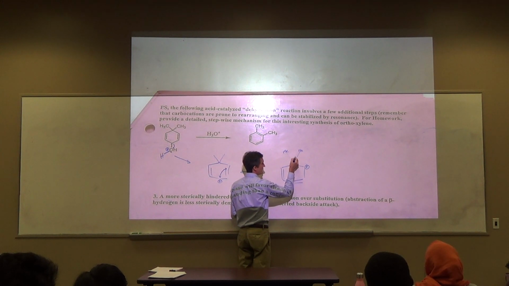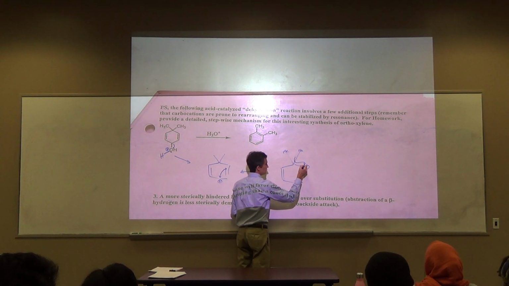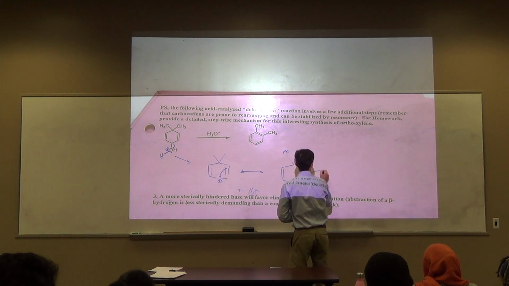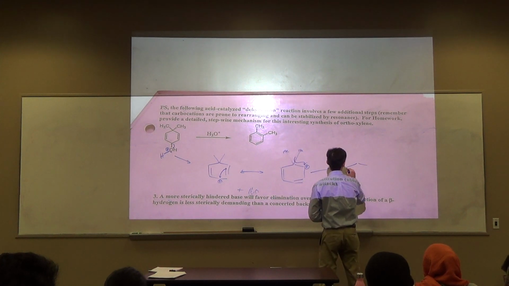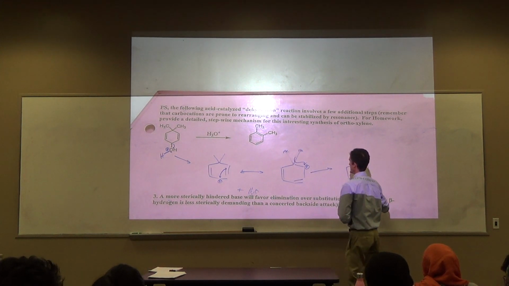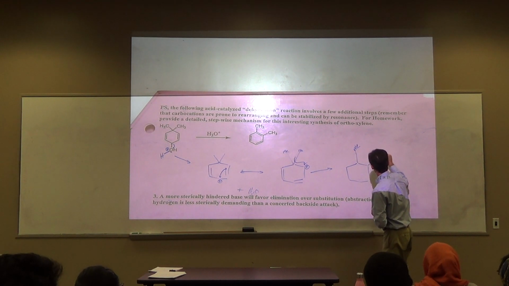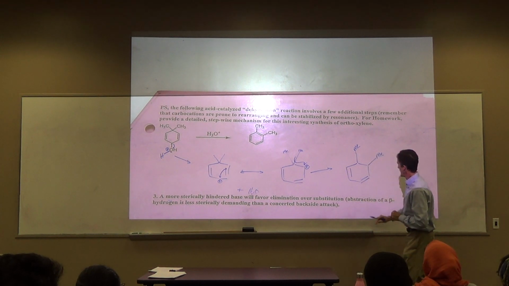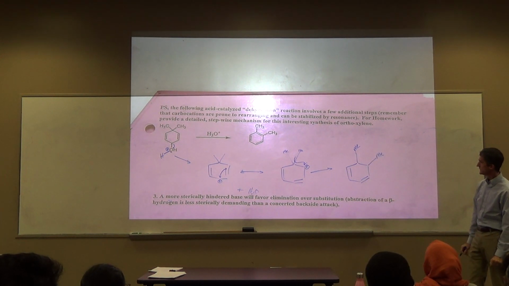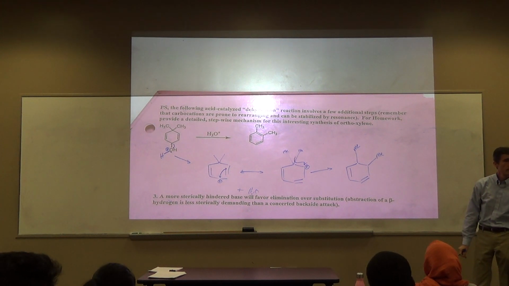Let's grab them and pull them over here. And what does that give? One methyl there, the other one's now over here. Double bond there and there. And we're done? No. There's a charge, a carbocation.